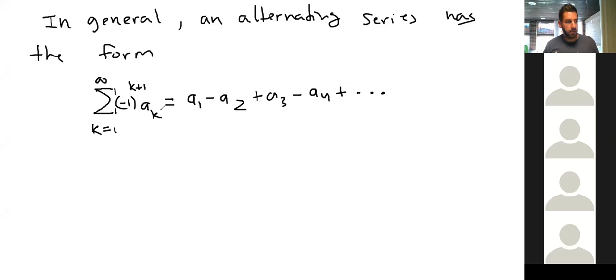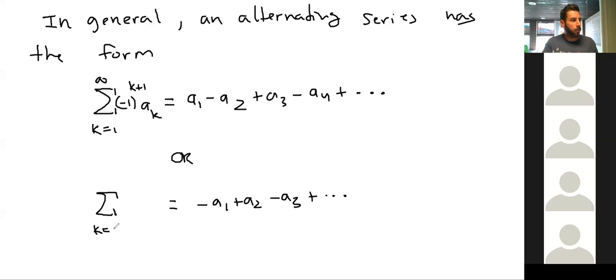Maybe it's minus a sub 1 plus a sub 2 minus a sub 3. That's also an example of an alternating series. In that case, you would just modify this slightly. It would just be -1 to the k, a sub k.